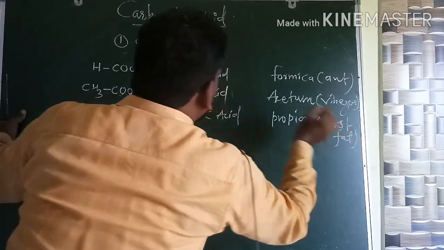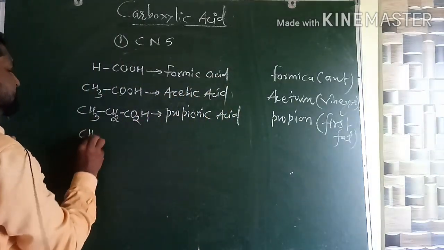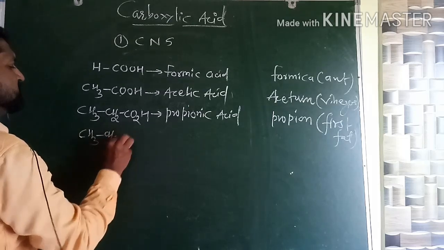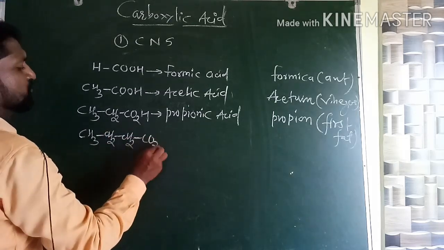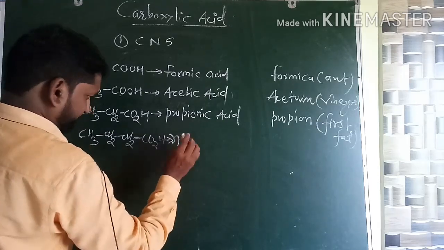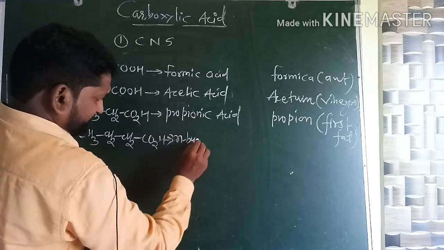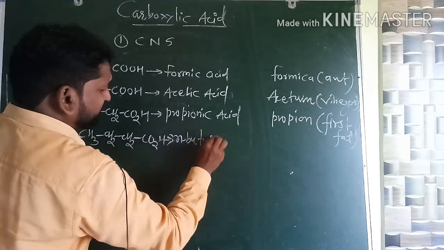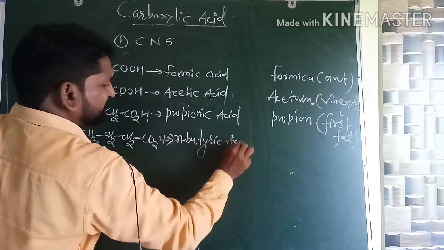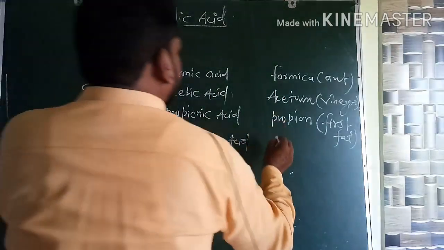Similarly, increasing the carbon atom, we will get CH3, CH2, CH2, CO2H. It is the N, or simply N-butyric acid. So what happened here?